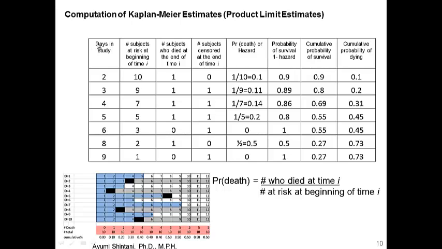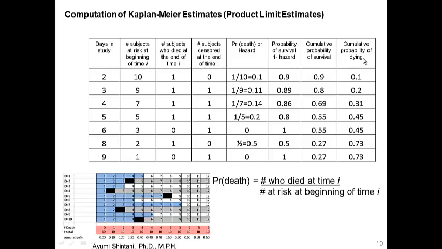Okay, so after you create this part of the table, we start the computation. And the computation involves estimating the hazard, which is the instantaneous risk of dying. What is the probability of each person dying at each time point? Okay, we need 1 minus hazard, which is the probability of a person surviving at each time point.